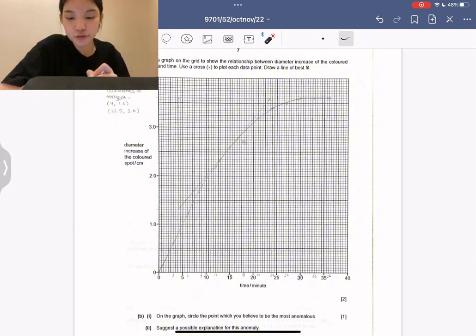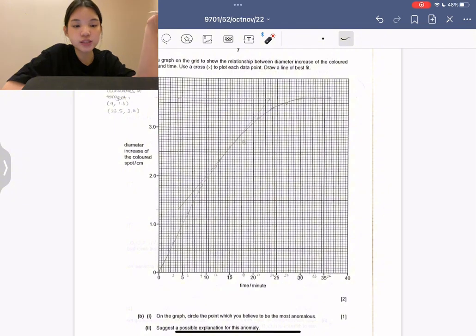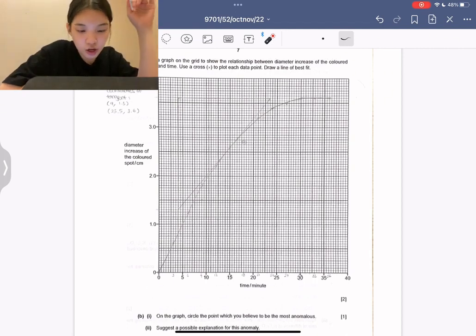So the first thing you have to do is A, plot a graph on the grid to show the relationship between the diameter increase of the colored spot and time, y against x axis. Use a cross to plot each data point and draw a line of best fit. Line of best fit doesn't necessarily mean a straight line. It could be a curve as long as it connects all the crosses.